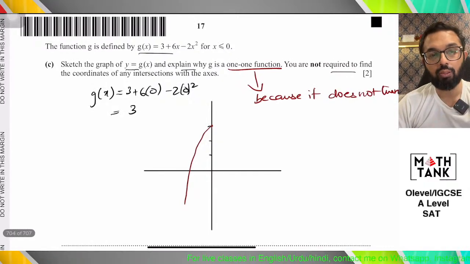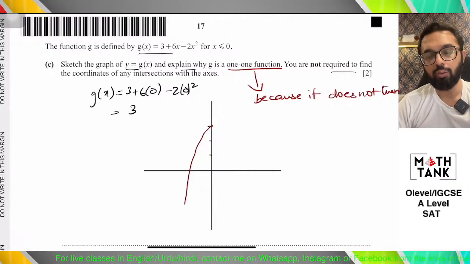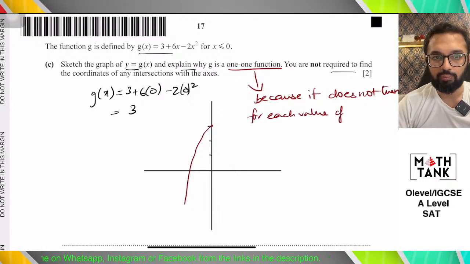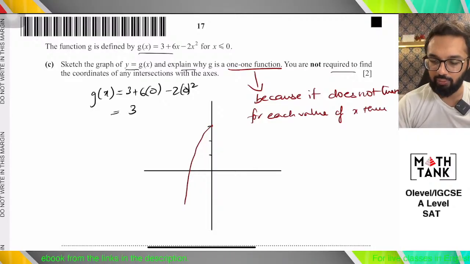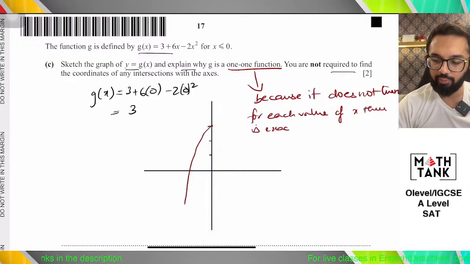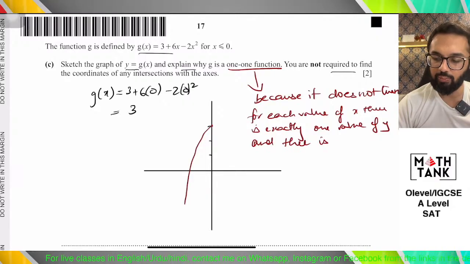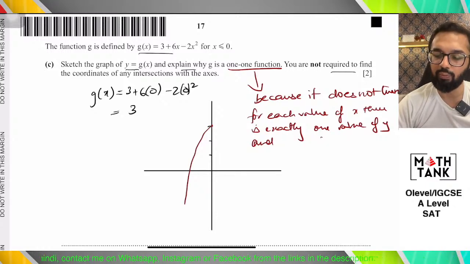Because it does not turn, and the mark scheme gives something else as well. Okay, now you need to be more precise. It says for each value of x, there is exactly one value of y, and for each value of y, there is exactly one value of x.